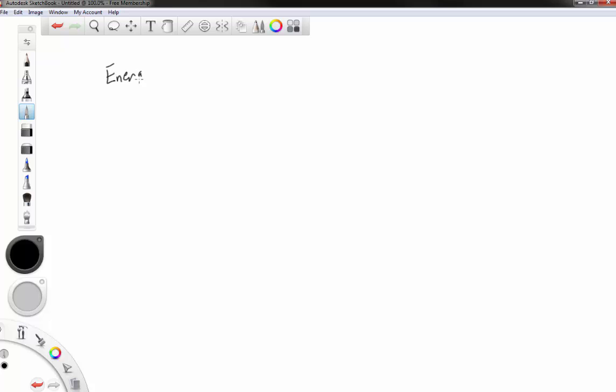So energy conservation basically says that the initial potential energy, and I'm again going to use PE for potential energy and a subscript i for initial, plus kinetic energy, and again I'm going to use KE for kinetic energy and a subscript i for initial, should be equal to the final potential energy and the final kinetic energy.